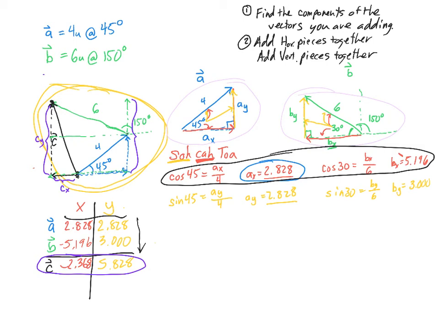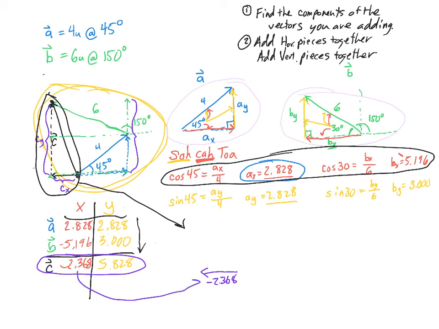I just break each one up into pieces and find the components. Okay, now at this point, I have the x component of C. Now what I'm going to do is take this triangle and redraw it right over here. Okay, so I've got Cx, which is negative 2.368. That's what I just got. That's the horizontal piece of C. Okay, I have the vertical piece of C, which is 5.828.